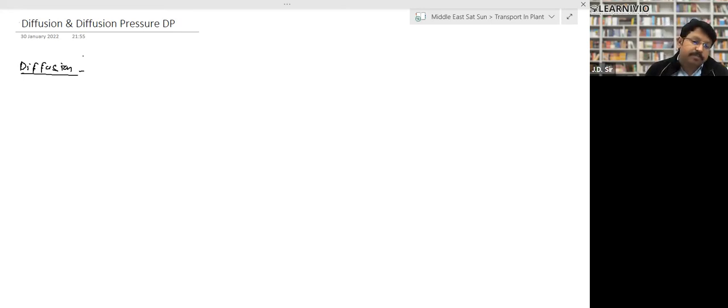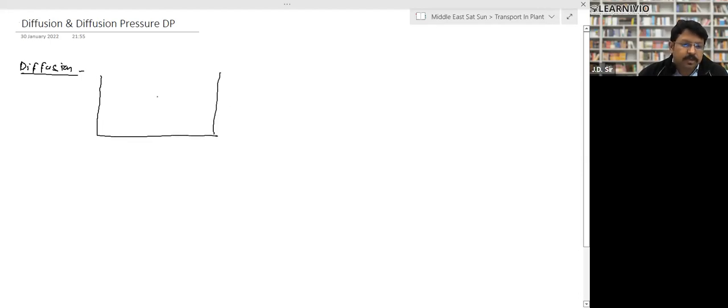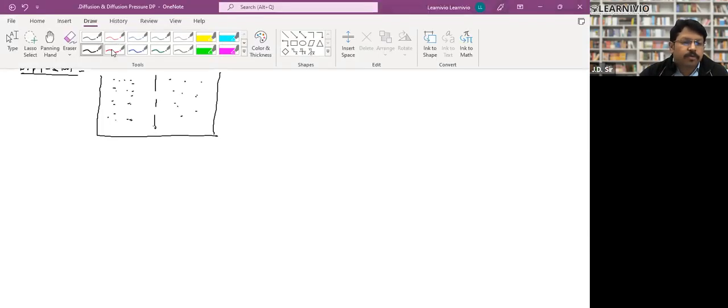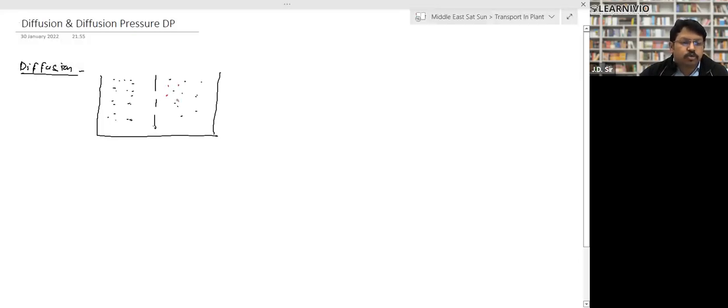For the sake of example, suppose there is a separation, a wall between them. Here these are the water molecules, and here there are fewer water molecules, and here along with the water molecules there are some salt molecules.